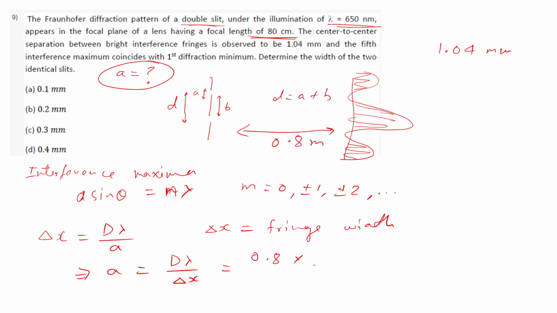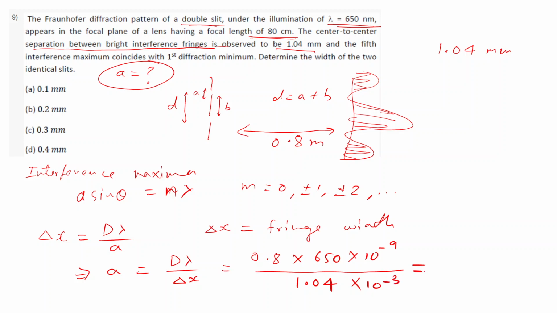Lambda is 650 nanometer, means 10 to the power minus 9 meters. Now delta x, that is the fringe width between bright fringes, the separation between bright fringes, is 1.04 mm. Now mm to meter is times 10 to the power minus 3 meters.